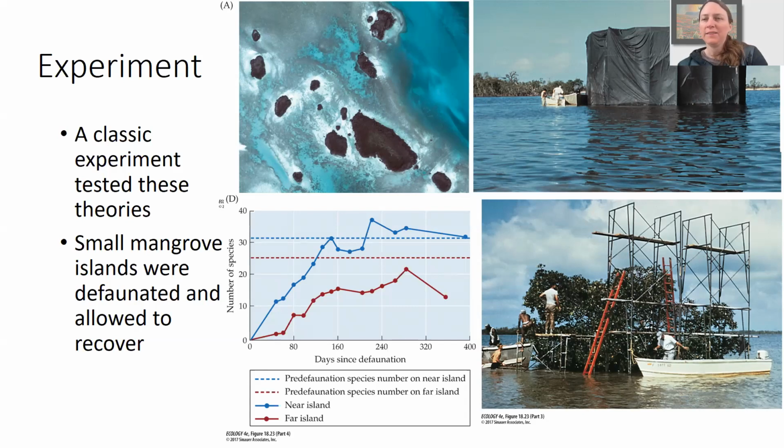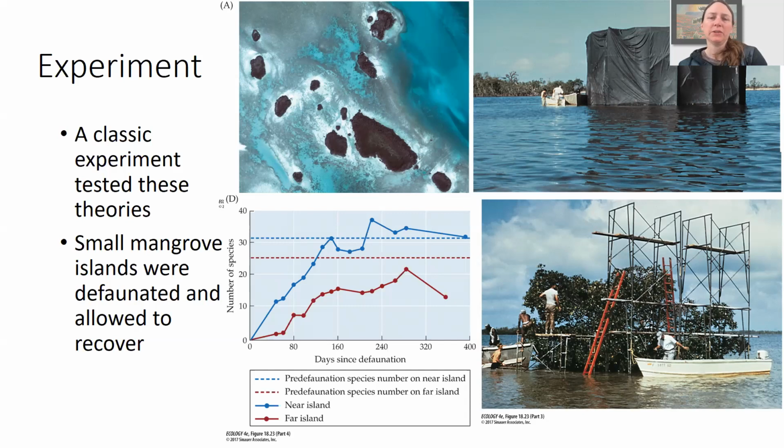But the far island didn't recover after a year. It was still much lower. And so you can see this experimentally proves that far islands have a much harder time when it comes to immigration rates, and probably also have higher extinction rates.